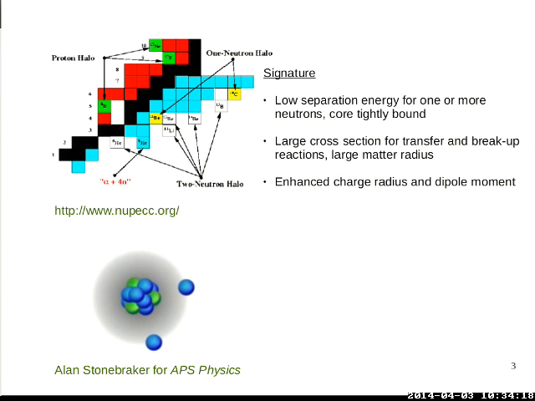Can you say a bit more specifically what you mean by low separation energy? It takes low energy to separate a neutron from the nucleus. Okay, so it's sort of weakly bound. Yeah, weakly bound. This is the technically correct word for the energy it takes to separate a neutron from a nucleus.